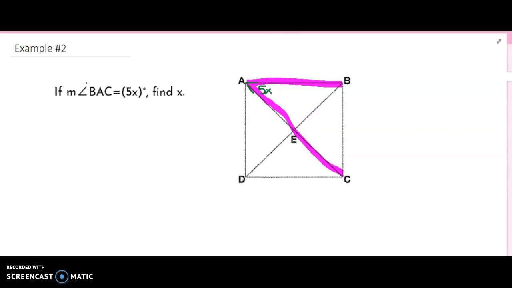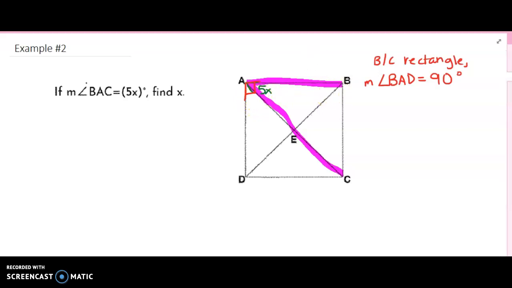All right, so let's start off, because it's a rectangle, we know that the measure of angle BAD has to equal 90 degrees. Okay, so this whole thing here is 90 degrees. Now this 5x isn't the whole thing, it's just part of it. But we know that a square is a rectangle, and rectangles, all angles are right angles.